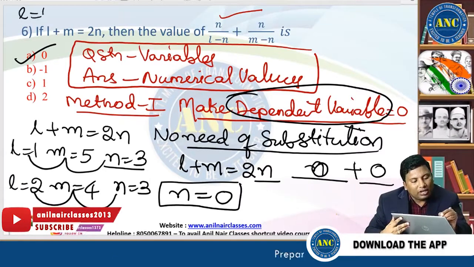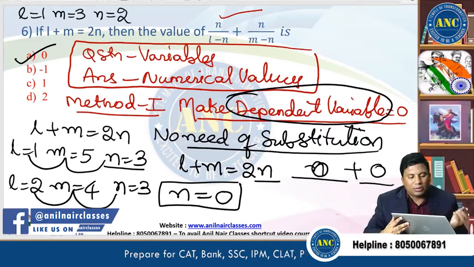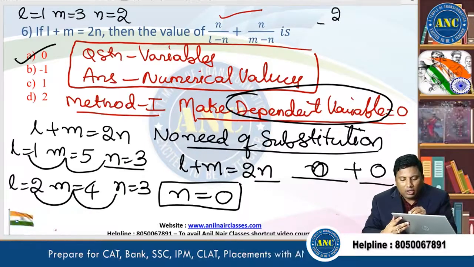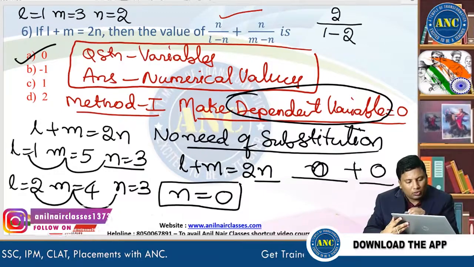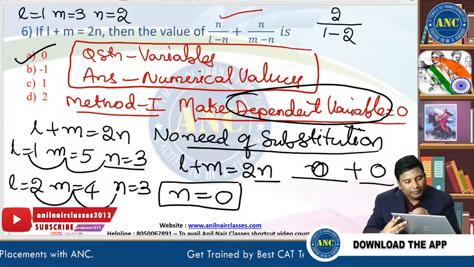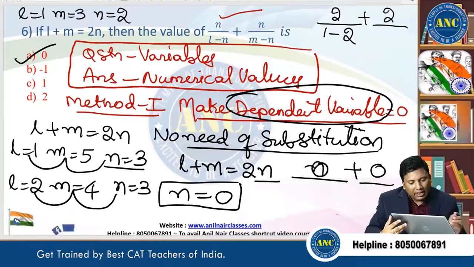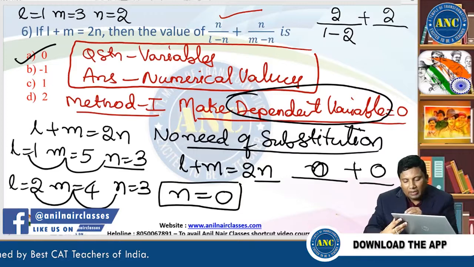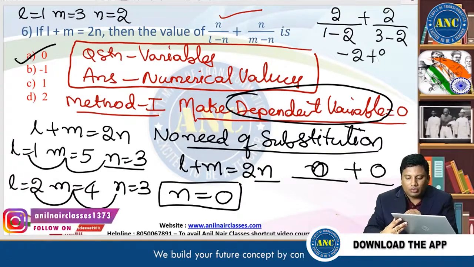Let us substitute L value 1, M value 3, N value 2. Substitute it. N by 2 by L minus N: 1 minus 2, n is 2, 2 by m minus n is 3 minus 2, minus 2 plus 2, which is 0.